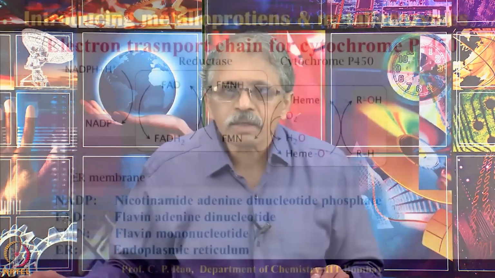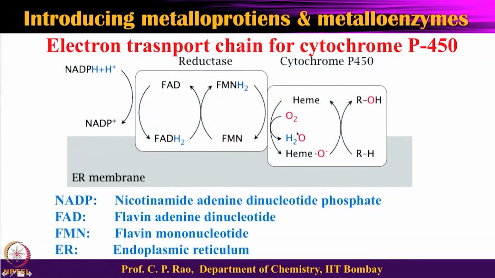Having studied some basic aspects of the cytochrome class and cytochrome P450, let us look at the electron transport. In this particular scheme, you have some part here, some part here, some part here; we are talking about 3 portions.